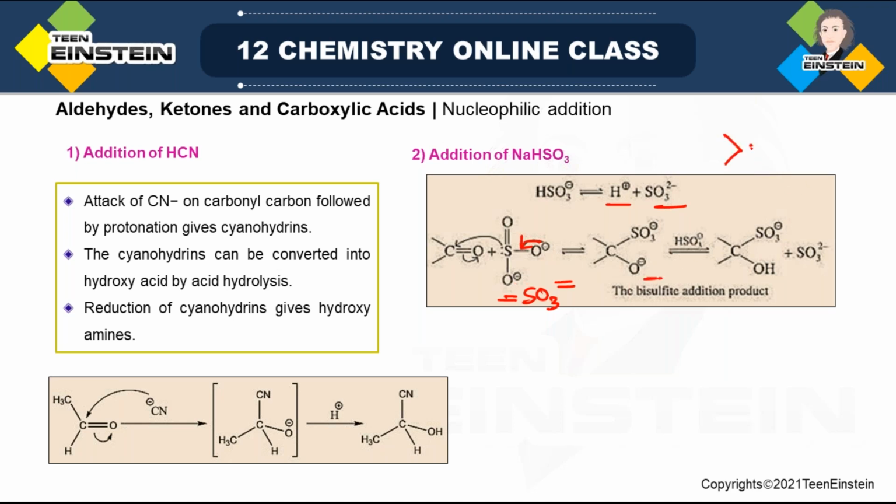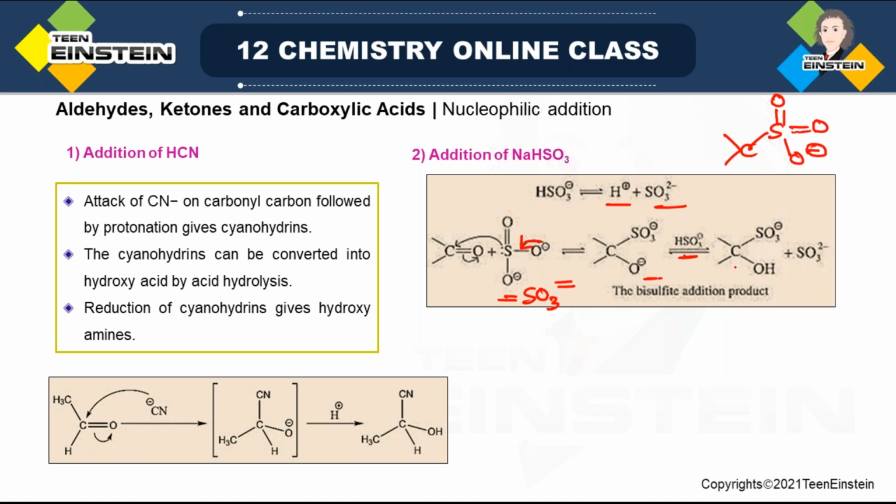This structure you can also write like this. So this is SO3 minus. Now this is the bisulfite addition product. But in the medium we also have HSO3 minus.